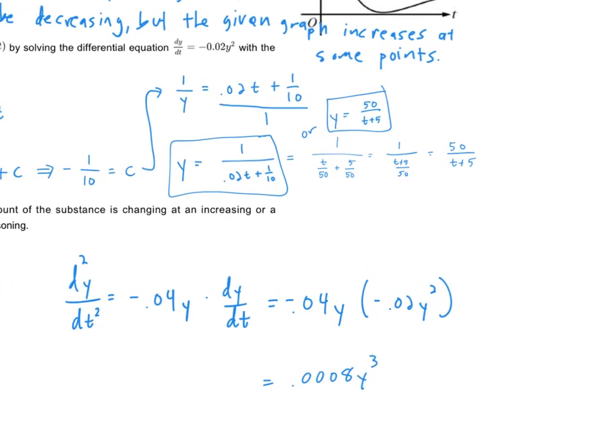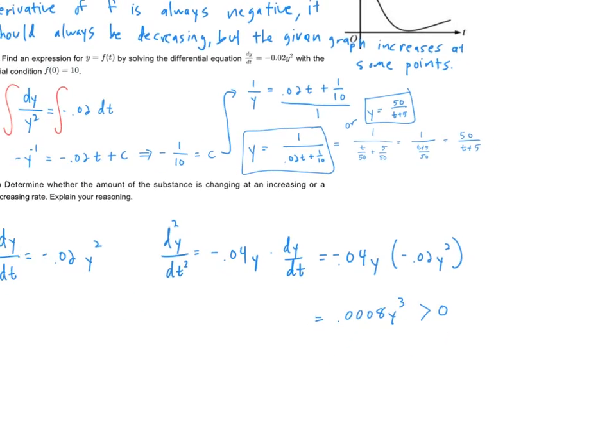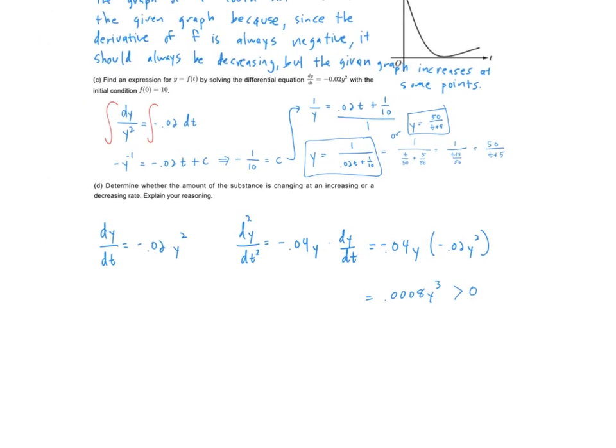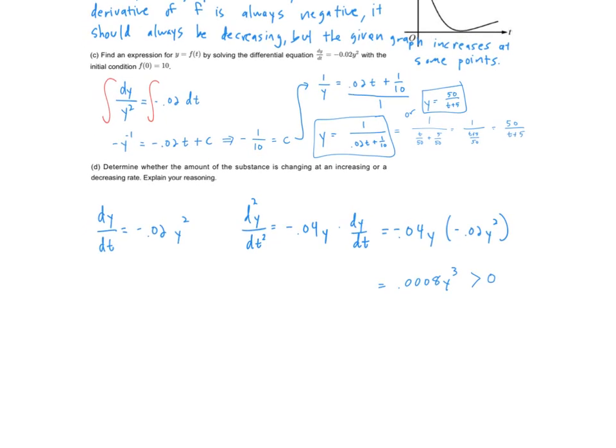We could see even by, so this y is the same as this y, and for positive t values, this is always positive. So since y is always positive, this function's always positive, right? This second derivative, that means the function is changing at an increasing rate. Always.